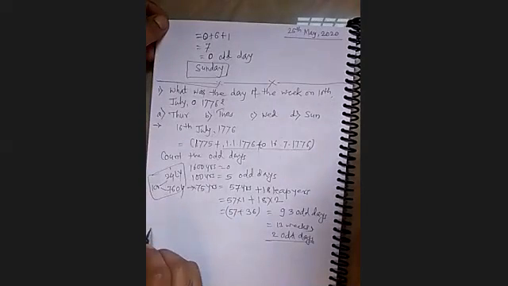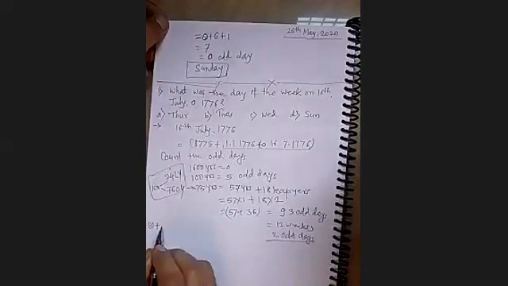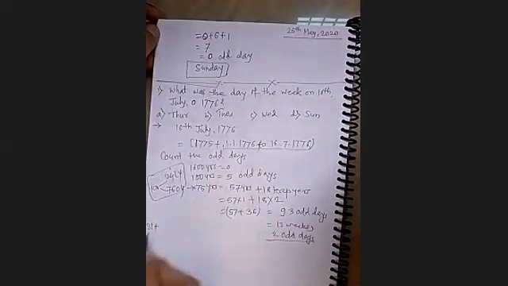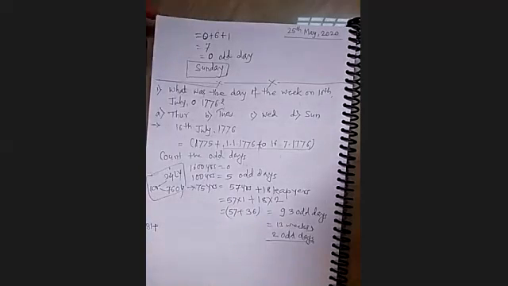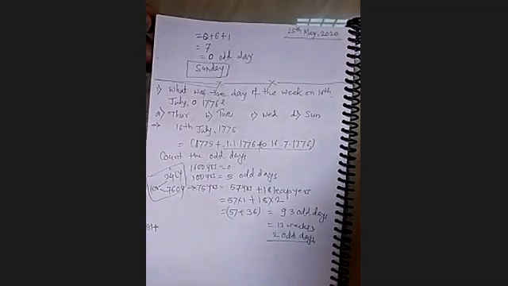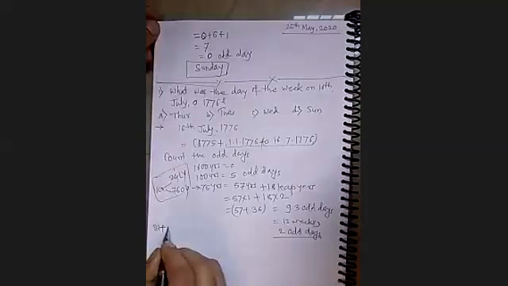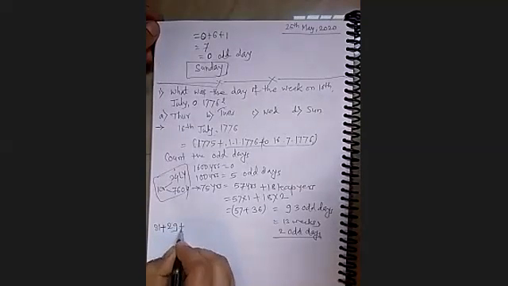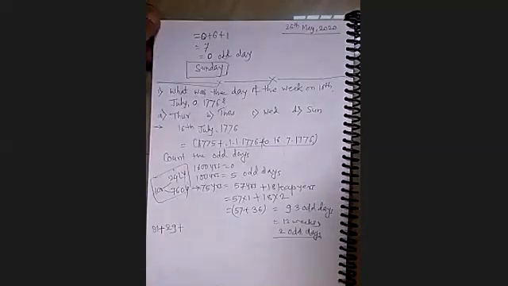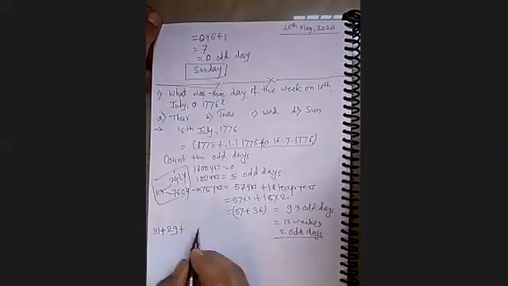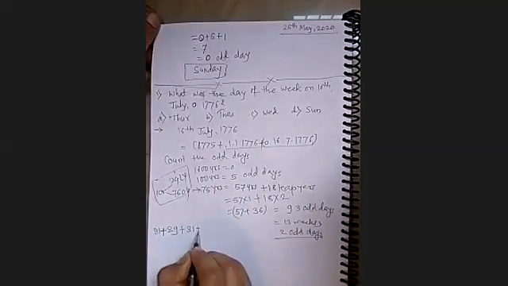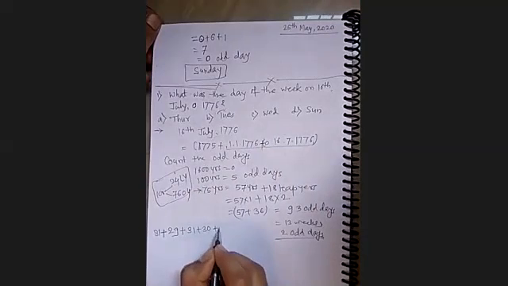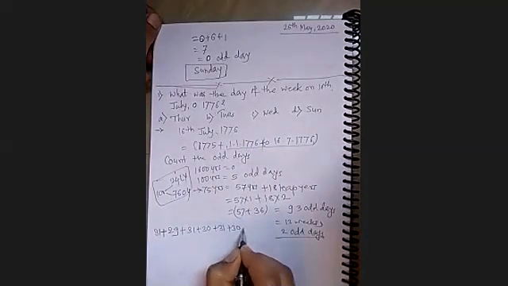So for January it is 31, plus 76, right? Now here the question comes in: should I write 28 or 29 for February? I have to write 29 because it is a leap year. So 29 for February, then March, April, May, June, and for July it is 16.